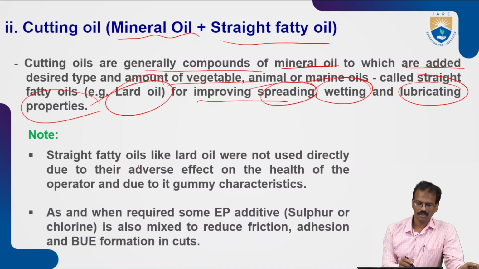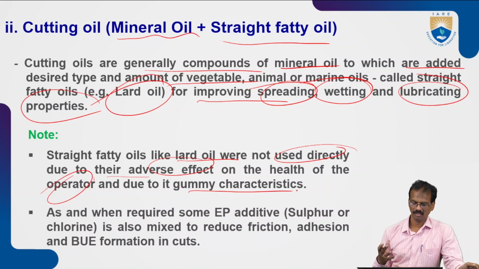Straight fatty oils like lard oil are not used directly due to their adverse effect on the health of the operator, and due to their gummy character: they form a gumminess or gel type layer on the workpiece.